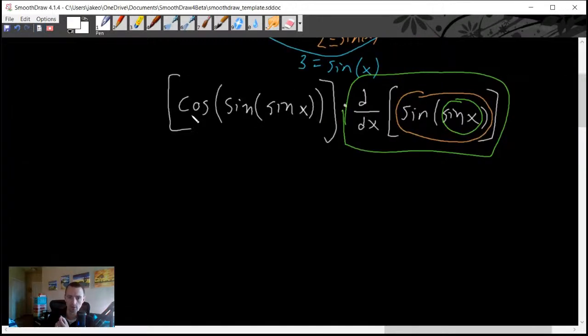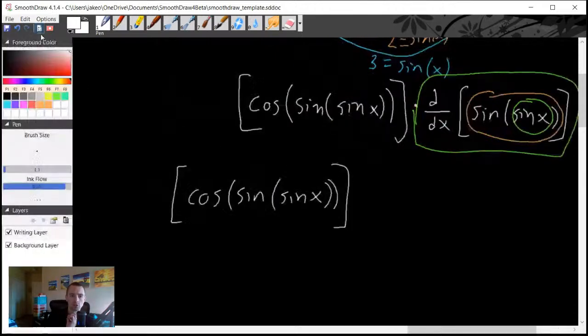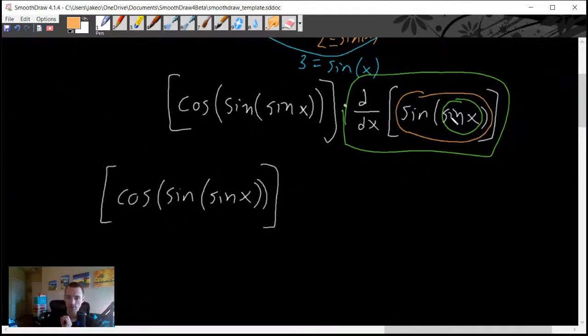So we'll go ahead and leave all this over here. So we're going to leave cosine of sine of x. That's just going to be left alone out there. Now we're going to have to apply chain rule basically a second time to find the derivative of sine of x. So again, chain rule says we're going to take the derivative of the outside.